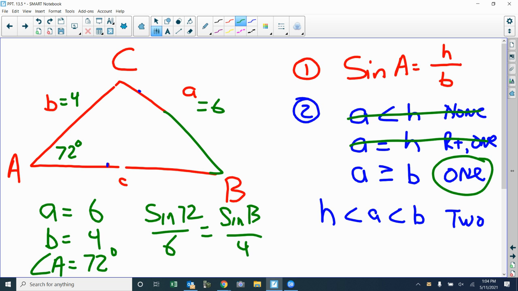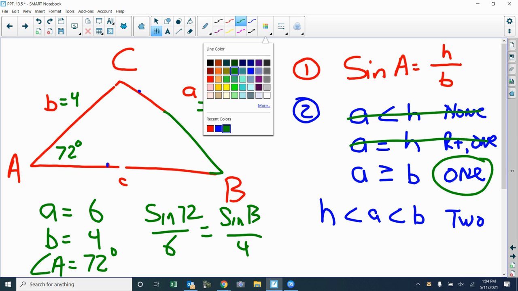Divide that by 6, correct? Now that is the sine of B, but we want the angle, so you're going to go inverse sine of that decimal. Second sine of whatever that decimal was. And you should get angle B at, did you say 39? Awesome.